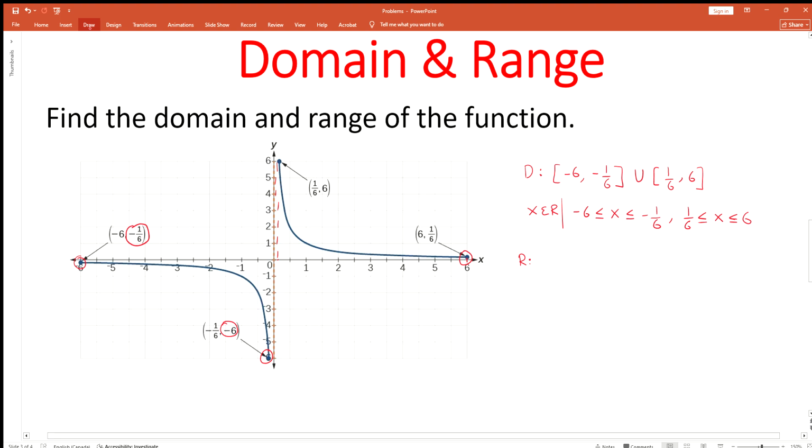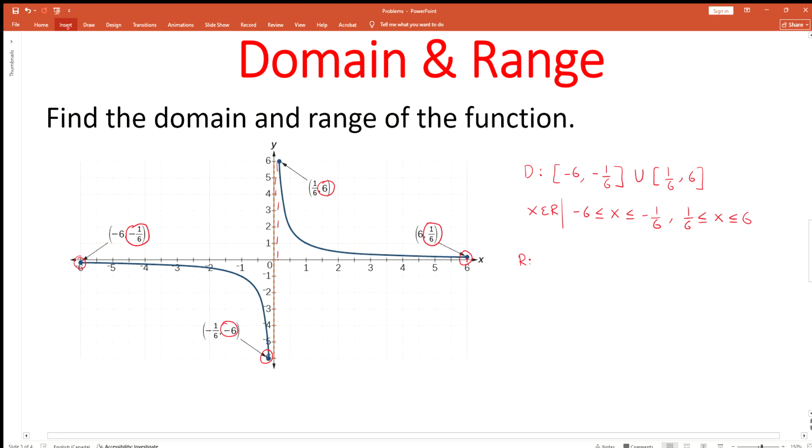The upper curve starts at 1/6 along the y-axis because that's the y-coordinate of the lower endpoint, and the curve goes all the way to 6 along the y-axis because that's the y-coordinate of the upper endpoint of the curve, and these endpoints should be included in the range because of the filled dots or the filled circles at the ends of this curve.